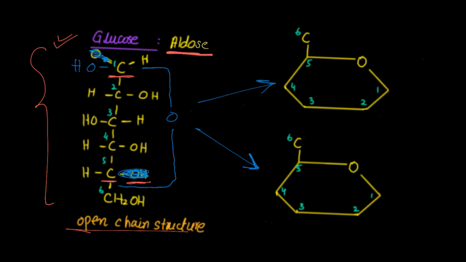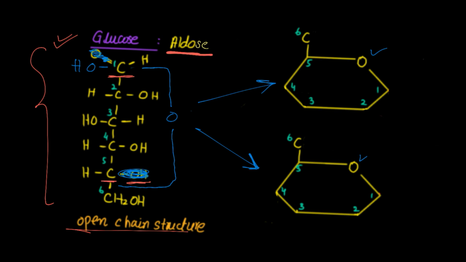Now let's start with the carbons. Okay, I've drawn 6 carbons accordingly. This is the oxygen of the oxygen bridge. Similarly here. Now let's start with placing these groups. Okay, now if you notice it's carbon 2.